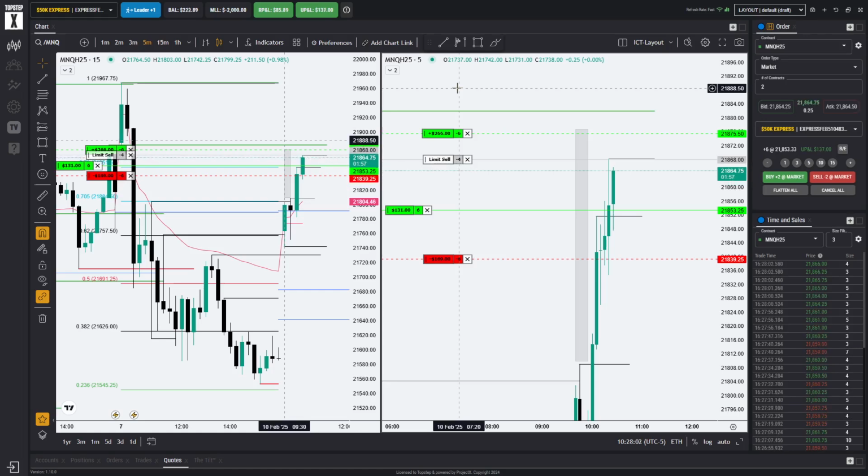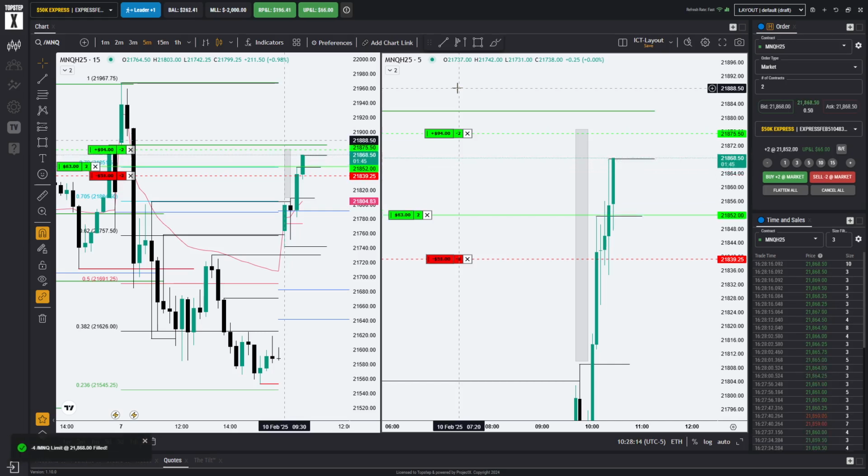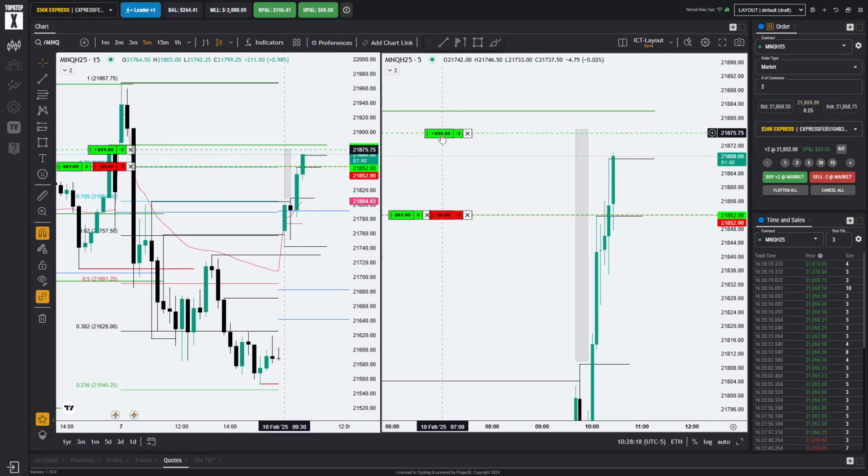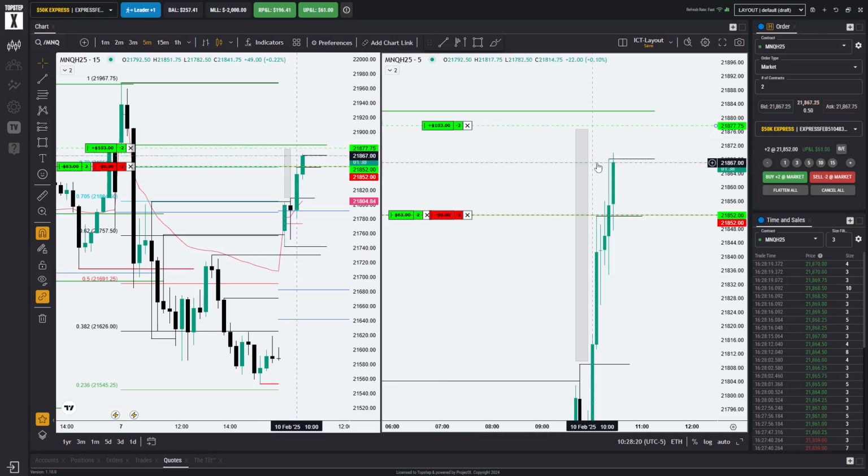There we go. Let's go, let's go. Order filled. Alright, stop loss break even. We have pushed through that before the 15-minute.